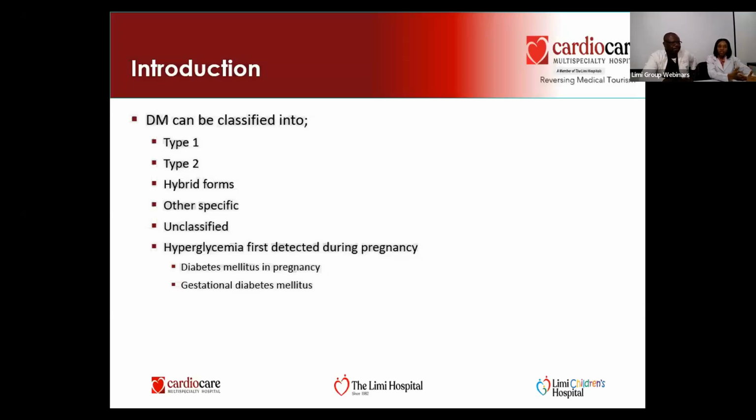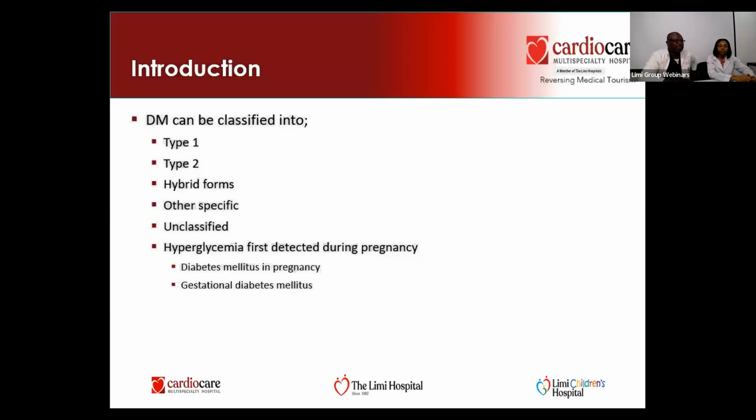Then there are unclassified ones, which means we cannot really fit them into any of the classifications. Then there's hyperglycemia first detected during pregnancy, which is our focus for today, where you have diabetes mellitus in pregnancy, gestational diabetes mellitus.